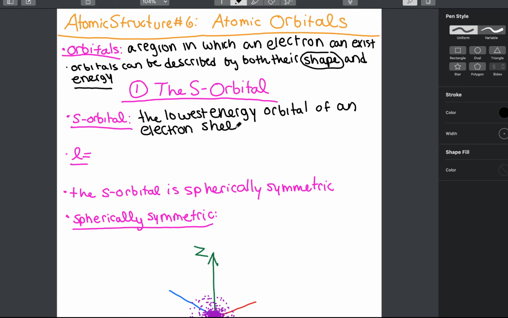So it's the lowest energy orbital present within a specific electron shell. So the s orbital has an L value equal to 0, as you may remember.